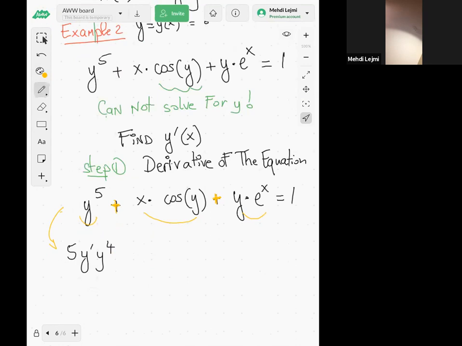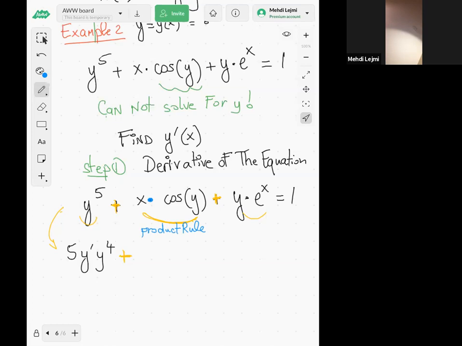Okay, now what about the next one? X times cosine of y. So x times cosine of y, it's a product, right? So we have to apply the product rule. Any guess what would be the derivative of x times cosine of y?